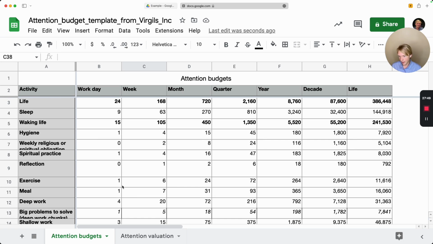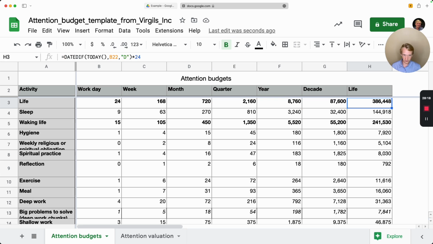All right. So now you have your constraints. Let's take a look at this. We have our line items, and this is broken out into certain periods of time. Start with the top one, which is your life. Not even your waking life, your life in general. How many hours of life do you have left?